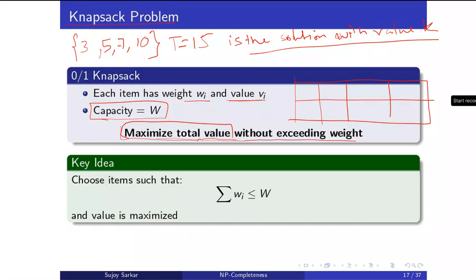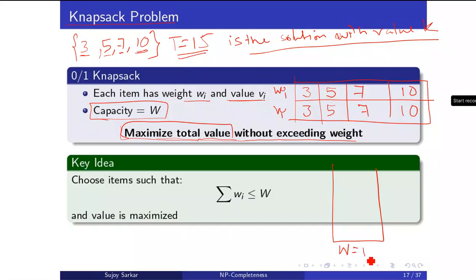For the knapsack problem we need weight, we need value, and we need a knapsack capacity W. So whatever items were there in the subset, we'll take exactly those items as weight, and also take the same thing as value, and the target we'll take as capacity.